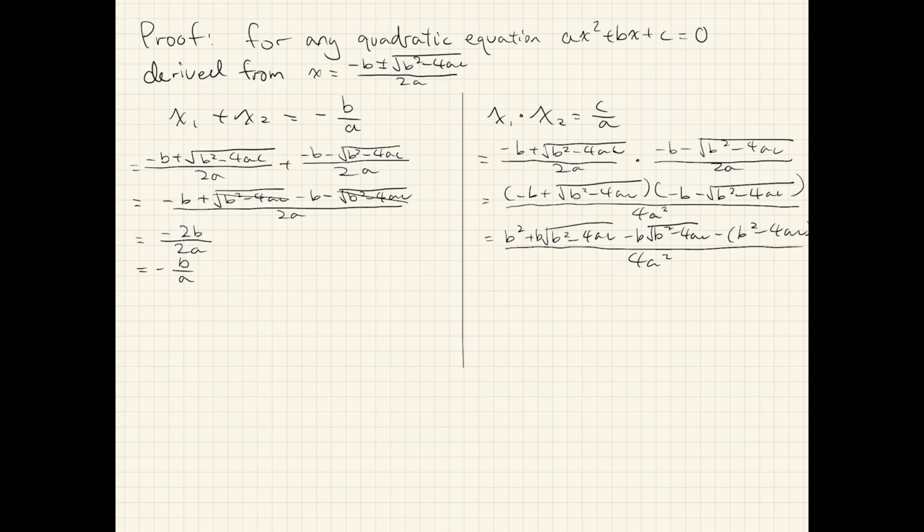As we can see here in the brackets, there are two different terms. There's negative b in each one, and there's also a positive square root of b squared minus 4ac in the first bracket, and a negative square root of b squared minus 4ac in the second one.